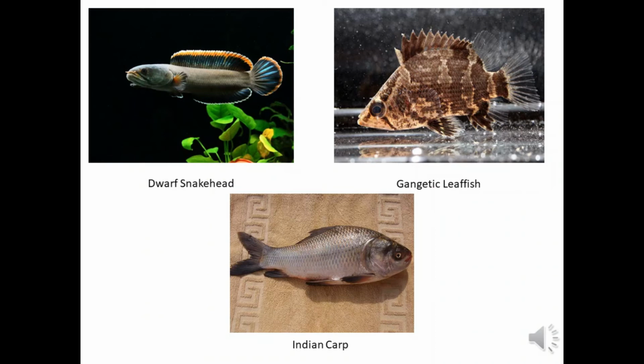And the other is the gangetic leaf fish. The Nandus nandus, commonly known as the gangetic leaf fish, is a species of Asian leaf fish native to South Asia and Indochina.